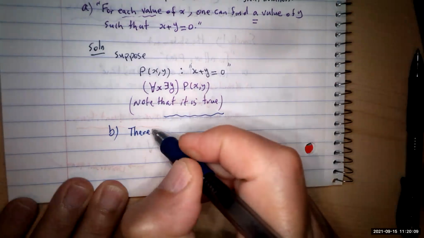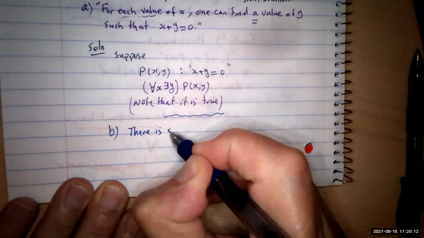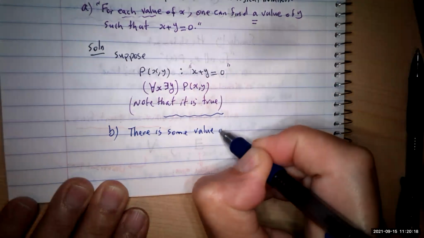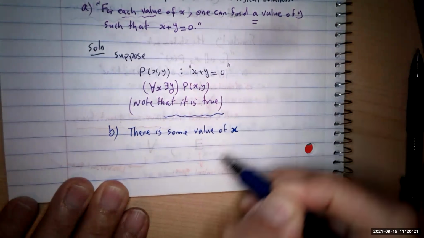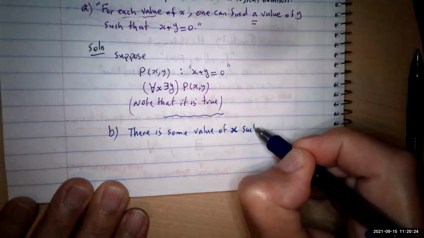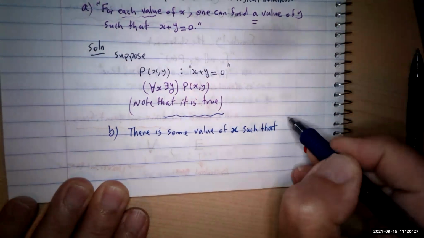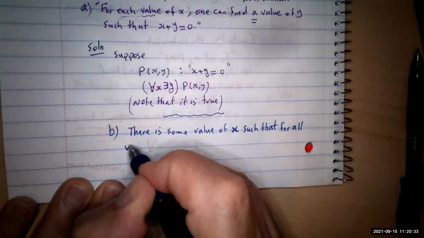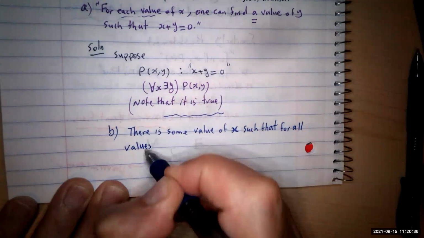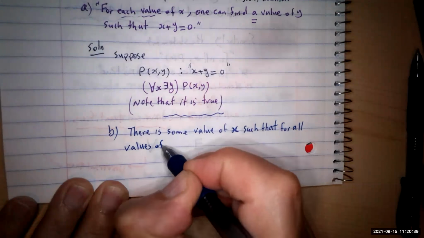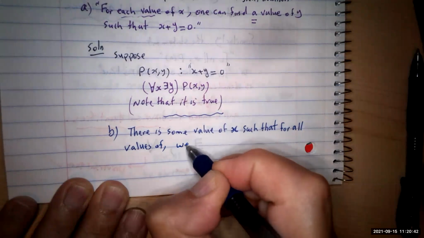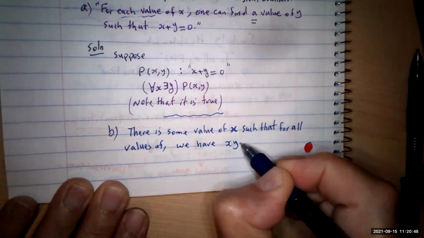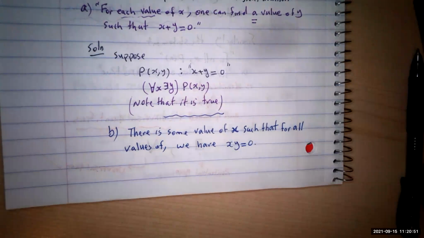There is some value of x such that for all values of y, we have, this time it's the product, x times y equal to 0.